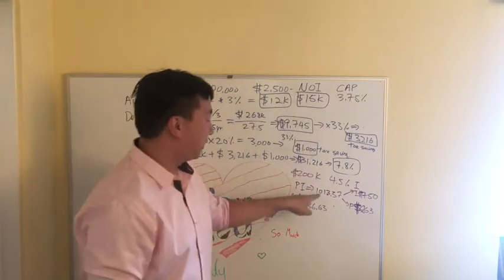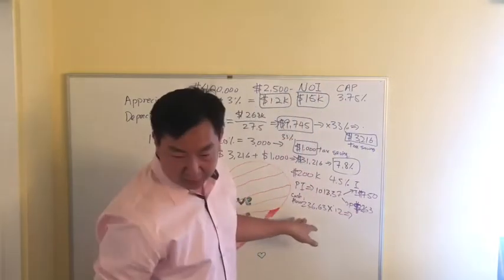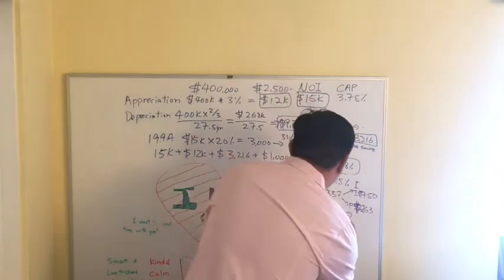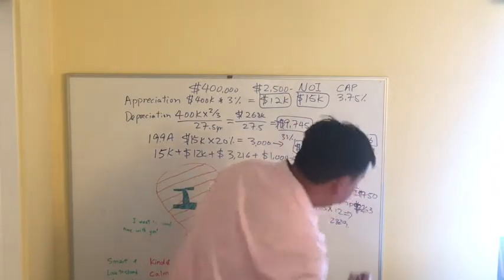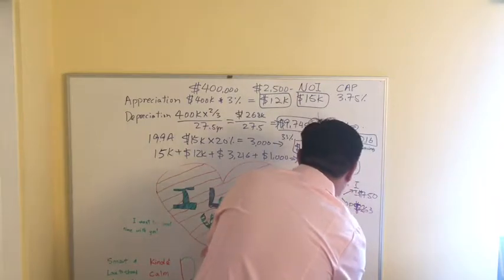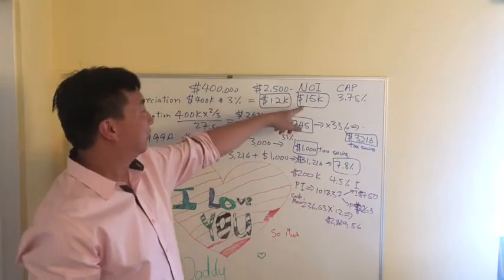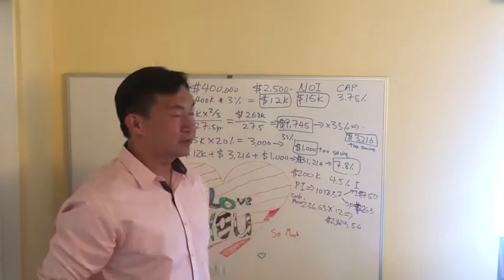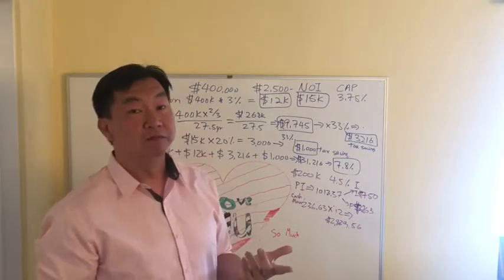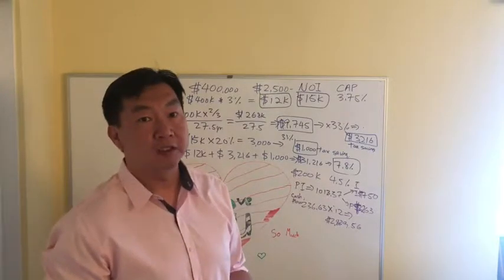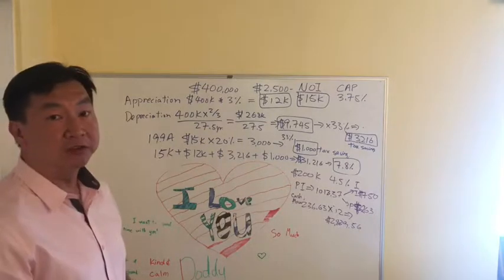Multiply that by 12, and we get $2,839.56. You might say, how come we went all the way from this to this? So the cash flow really diminished if you take a mortgage, but everything else didn't change.